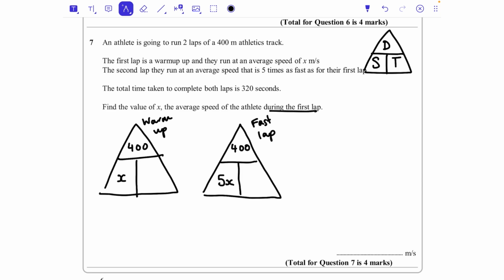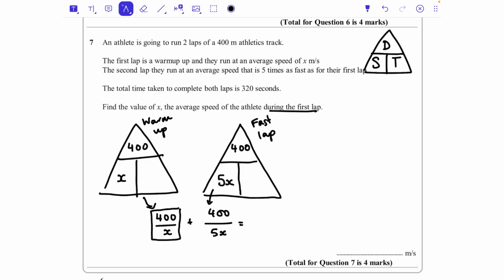So we're going to do 400 divided by x, that's the time for the first lap, and we're going to add 400 divided by 5x, that is the time for the second lap, the fast lap. Now to add those fractions together, I can't currently because they've got different denominators, so I'm going to need to change this fraction to also be out of 5x.